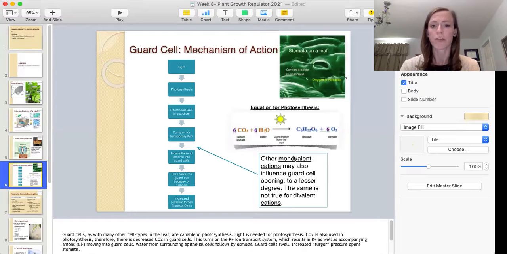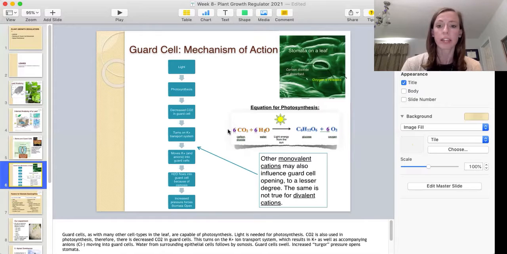If you need a little refresher, the equation for photosynthesis is right here. 6 carbon dioxide and 6 water molecules, with access to light energy from the sun, can be converted to glucose and 6 oxygen, right? So with the light energy coming from the sun, photosynthesis is taking place at higher rates.